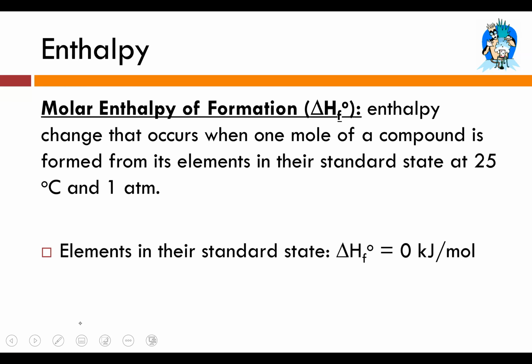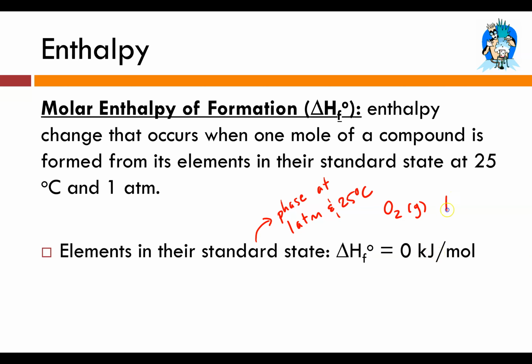Elements in their standard state. When we say standard state, it's basically what phase are they going to exist as at 1 atmosphere and 25 degrees Celsius. For example, oxygen exists as O2 gas. So the heat of formation of any element in its standard state, so kind of phase and formula, if you will, at 1 atmosphere and 25 degrees Celsius, is going to be equal to 0 kilojoules per mole.